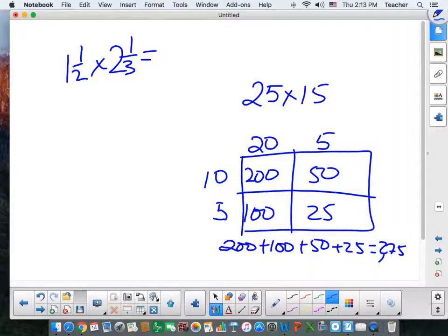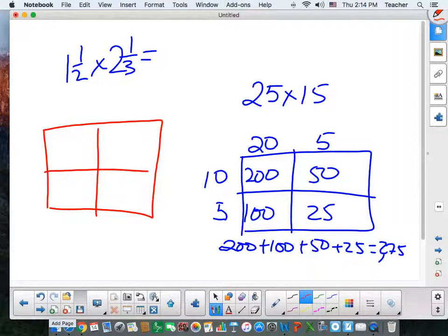So we are going to take the same idea and break up our fractions this way, but the problem is we need to go from multiplying to adding at the end, and this is sort of what sucks. So when we do this, we are going to break it up just like we did before, and you've got a 1 1/2, and you've got a 2 1/3. Okay? So the area model is now going to state this.